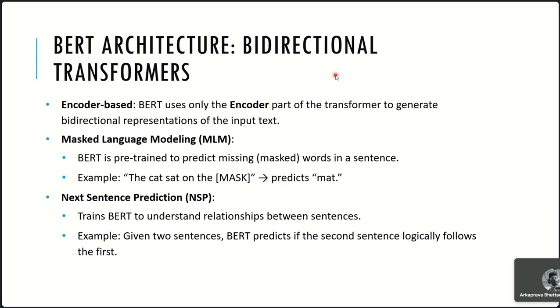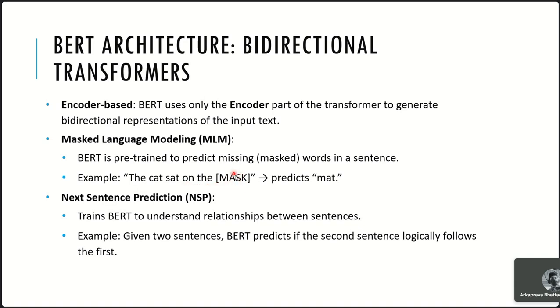Fine, now let's see what this masked language model does. BERT is a pre-trained model which tries to predict a word which is masked in a sentence. For example, the cat sat on the dash.